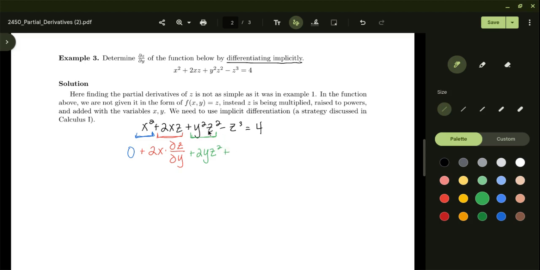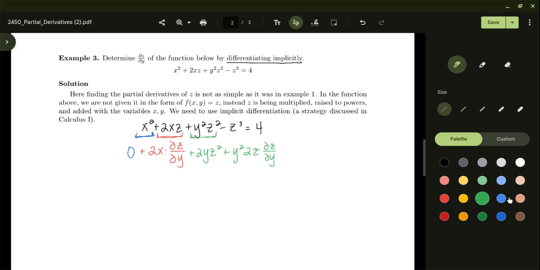And then plus, we leave that y squared, and now we take the derivative of z squared with respect to y. So here is where we need that chain rule. So the derivative of z squared is 2z, but then we also need the partial derivative of z with respect to y, which is just going to be written as this expression there. Here we've applied the product rule and the chain rule.